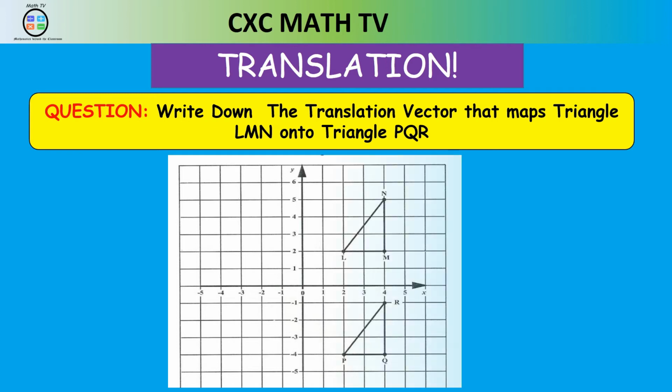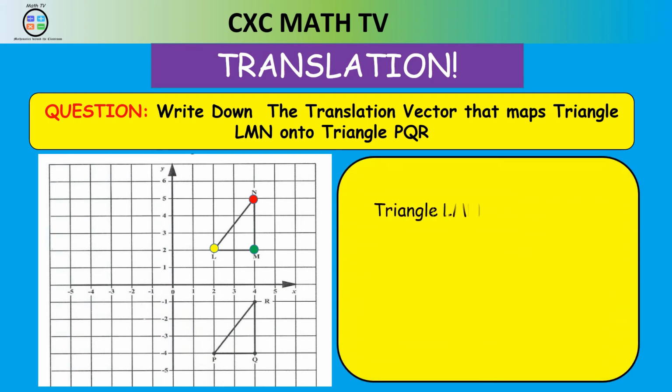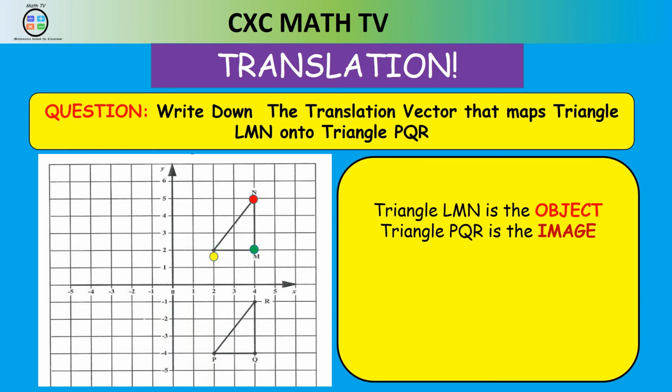Now in doing this question, notice it said maps triangle LMN. So triangle LMN is the object and triangle PQR is your image. So we always go from the object to the image. So to go from LMN to triangle PQR, we notice that we're not moving the triangle across.